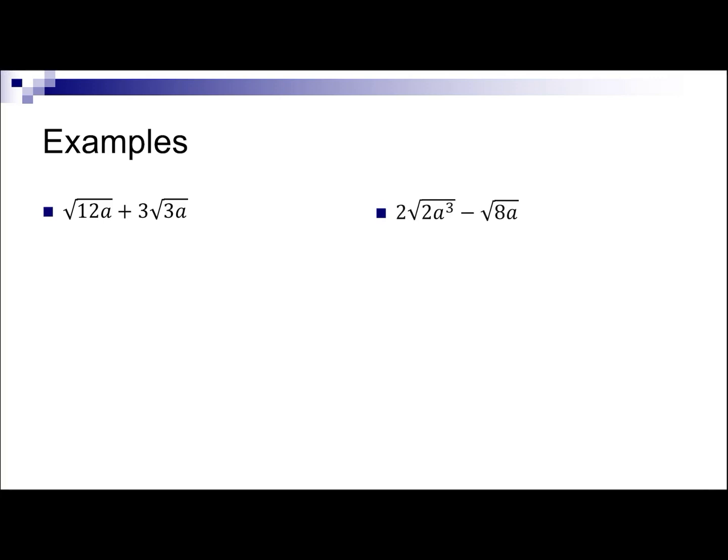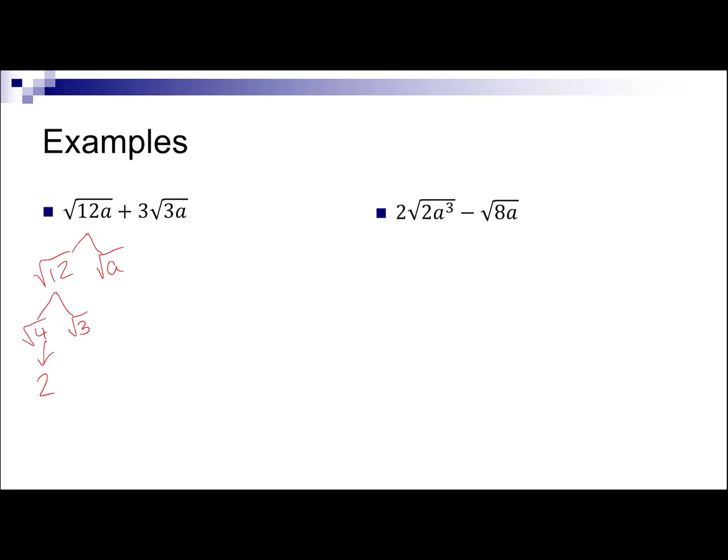So on the left side, again, when we have a combination of a variable and a number, we want to break those radicals up to start. And so we have radical 12 and radical a. Now radical 12 can be simplified with radical 4 and radical 3. Radical 4 becomes a 2.